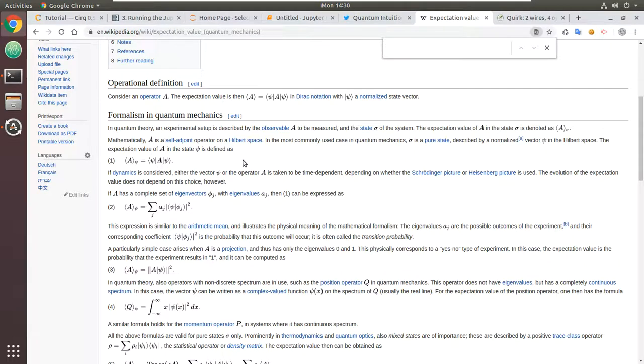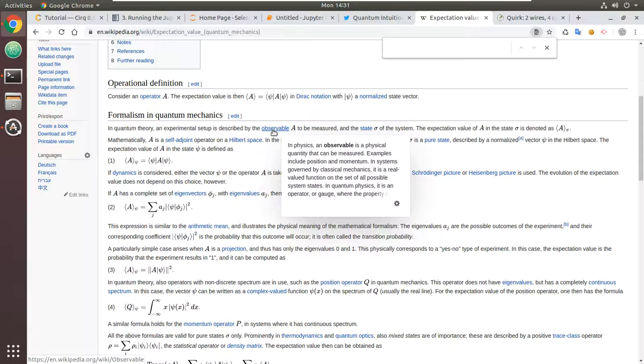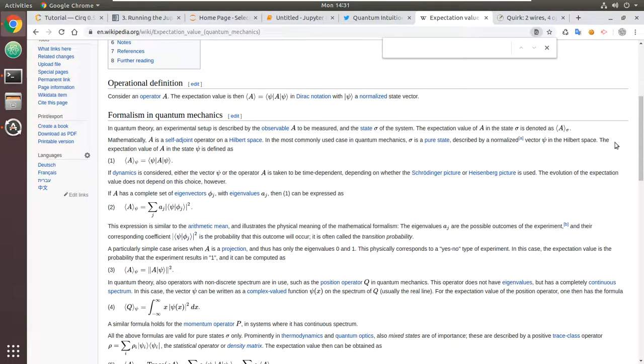Mathematically, A is a self-adjoint operator on a Hilbert space. In the most commonly used case in quantum mechanics, it is a pure state described by a normalized vector in a Hilbert space. By the observable, the expectation value of A in the state phi is defined as this.